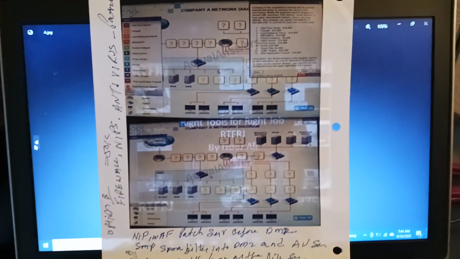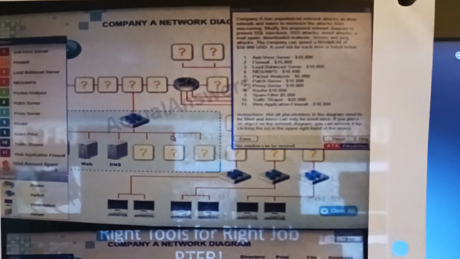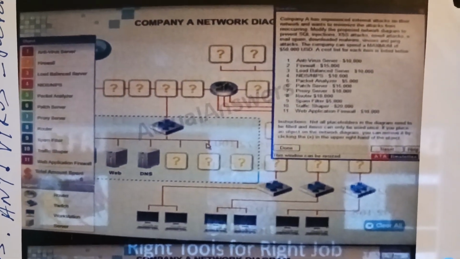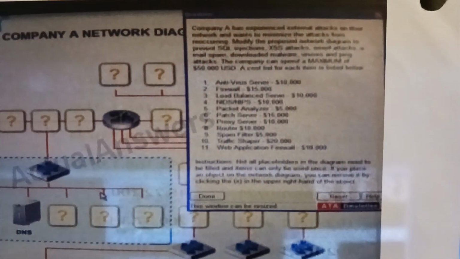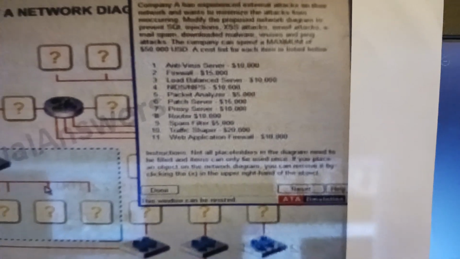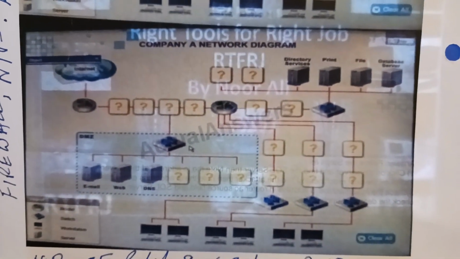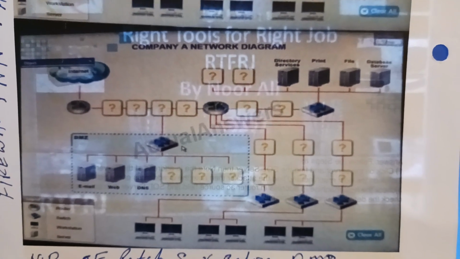Don't mind my jibber jabber, my chicken scratch writing. This is just my notes. Focus on the architecture, focus on the question, understand what they're asking for, and what you got to deliver. Or deliver meaning what you got to resolve, right?